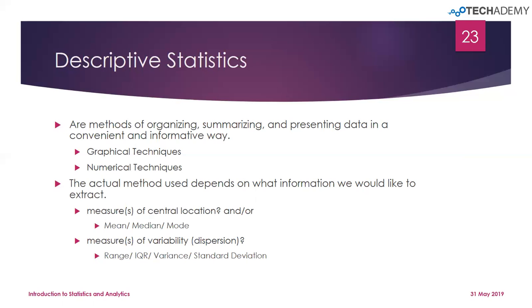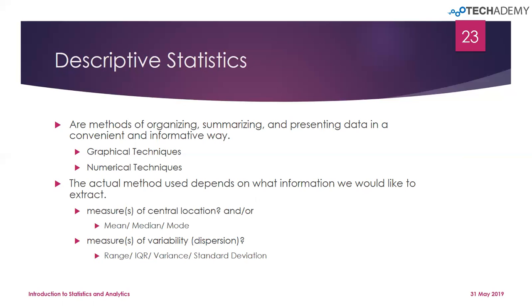It can be anything, like we might take a method to take a mean, or a method to take a standard deviation. It all depends on the case study and the problem that we want to resolve. In descriptive statistics, there are two main things that we do. One is measure of central location, done by taking mean, median, and mode.